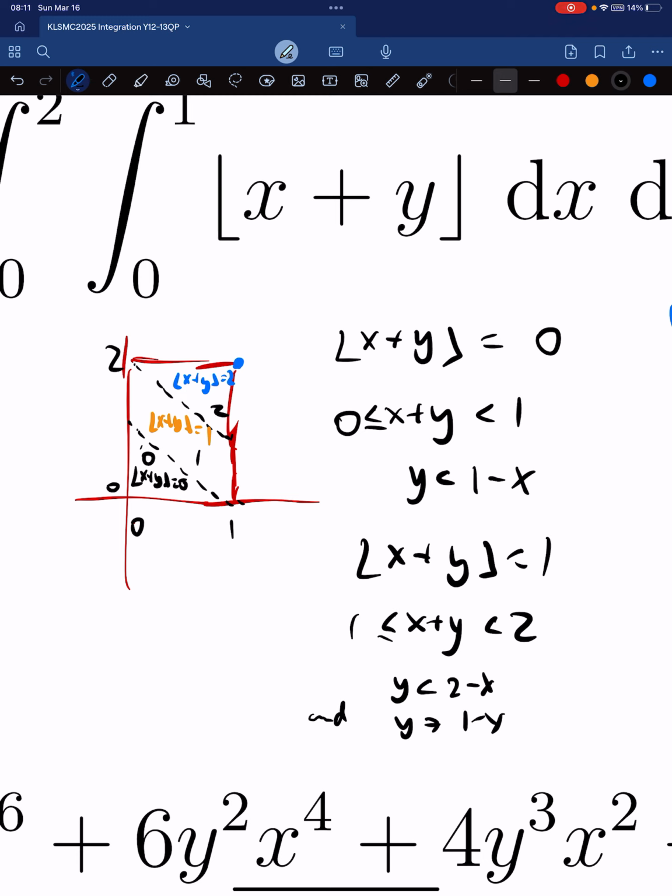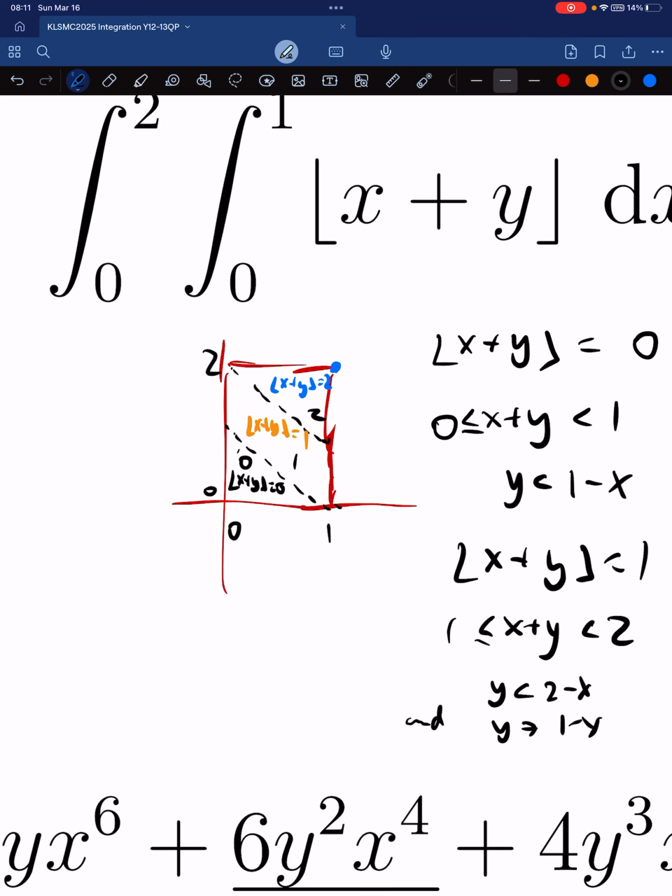And recall integration. Because now we're literally separating this integration as a discrete sum. The area for this triangle is just 1 times 1 over 2, and the floor function evaluates to 0. So 1 times 1 over 2 times 0.